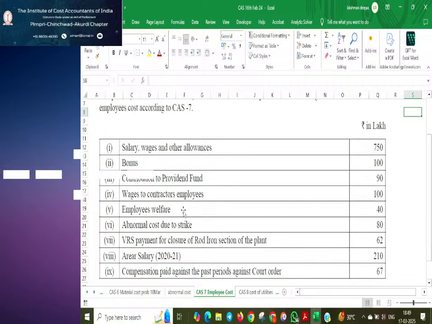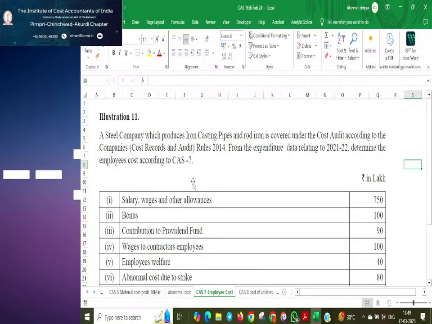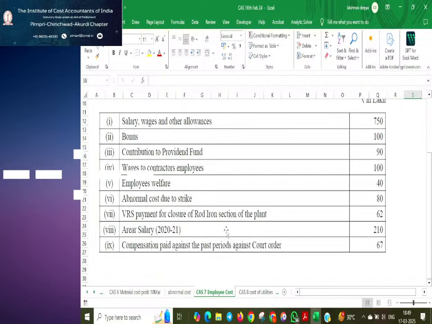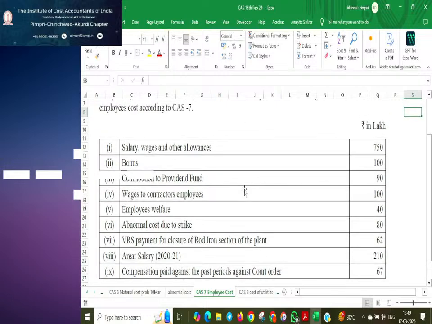And then employee welfare is 40 lakhs, abnormal cost due to strike is 80, and VRS payment for closure of rod iron section of the plant is 62 lakhs. Arrears in salary which pertains to the previous year 2021 is 210 lakhs. And then we have compensation paid against the past periods against the court order, which is 67 lakhs.